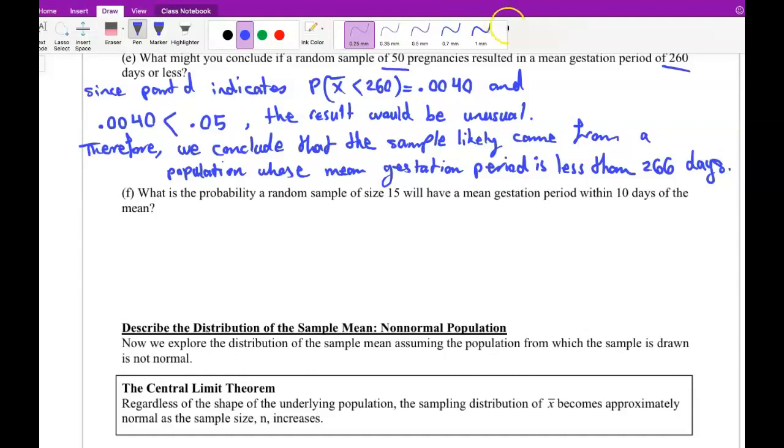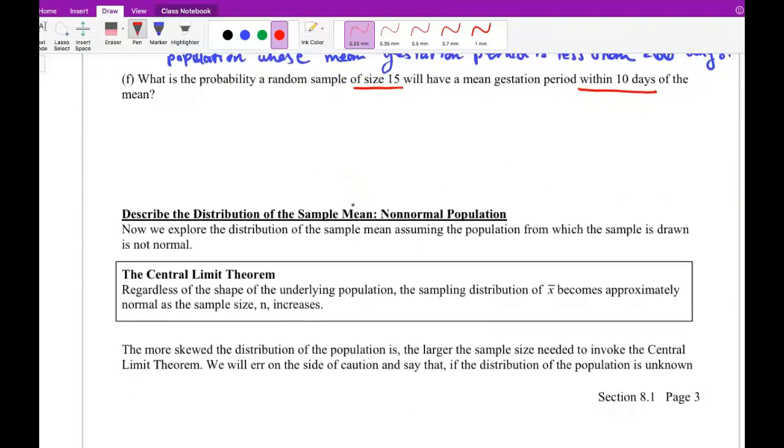What's important on this part is that it says within 10 days, and the sample size is 15. So our mean is again 266.